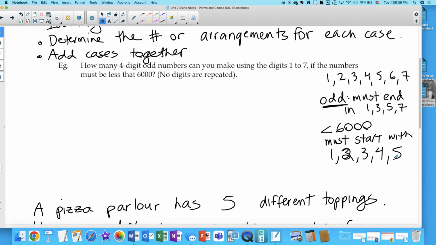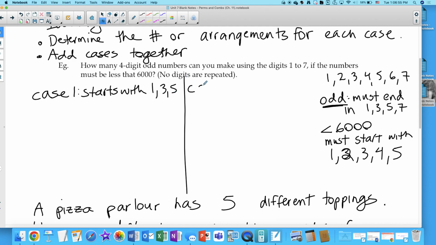The overlap is in 1, 3, and 5, right? So let's say case 1 starts with 1, 3, or 5, and case 2, I should say, starts with 2 or 4.